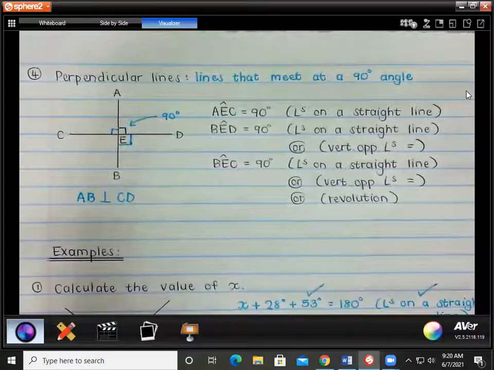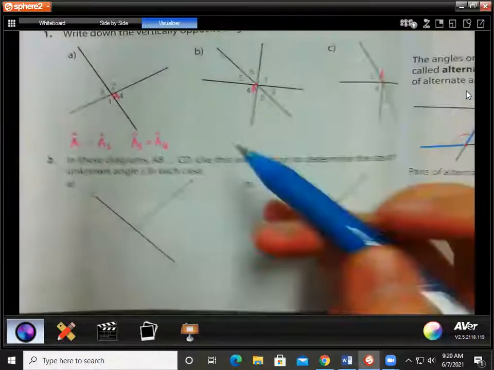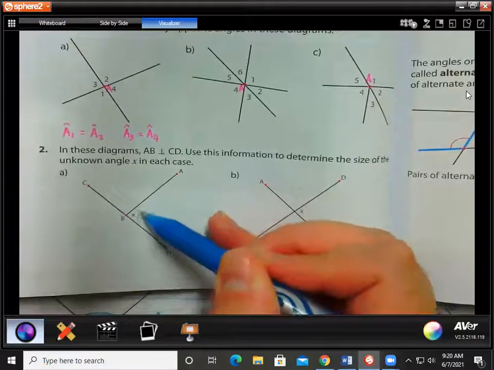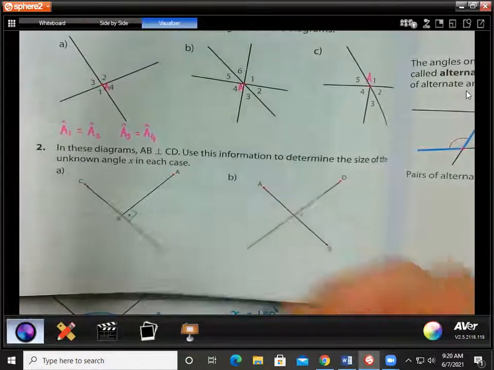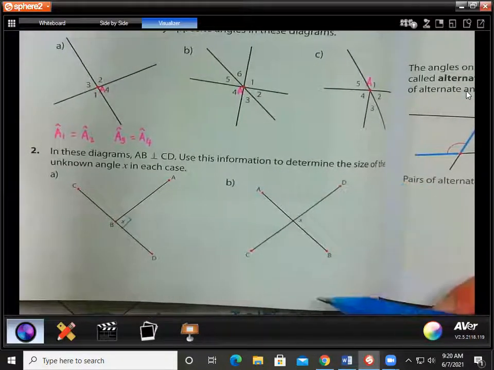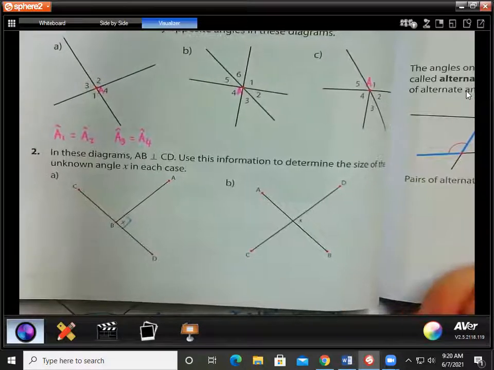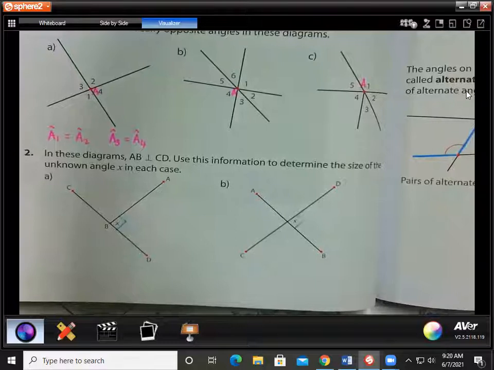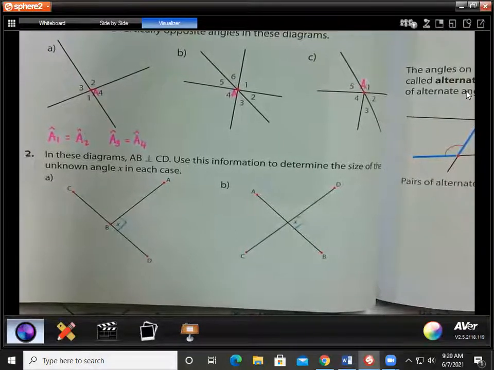So guys, in number 2, if they're telling you that AB is perpendicular to CD, they're telling you that you have a 90-degree angle there. Same thing here. AB perpendicular to CD, those angles are also 90 degrees. So that is also going to be 90.